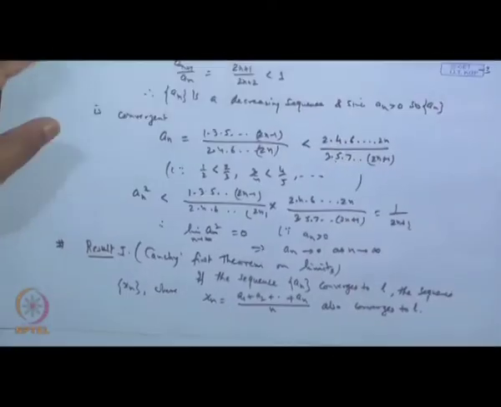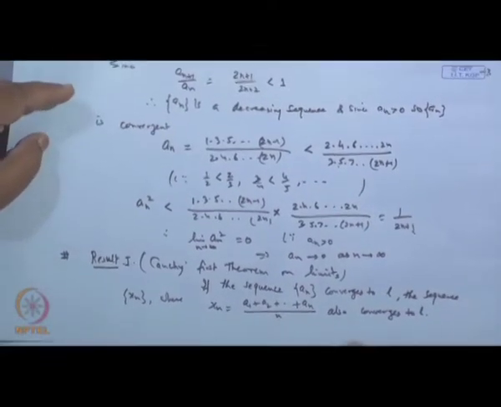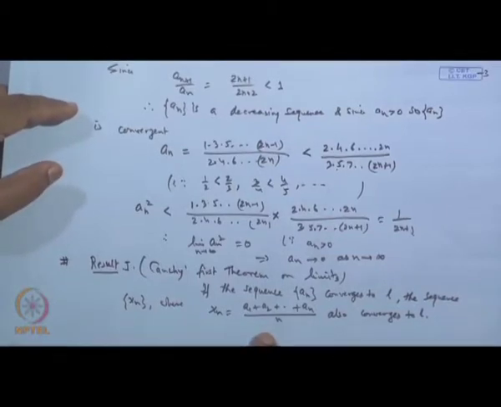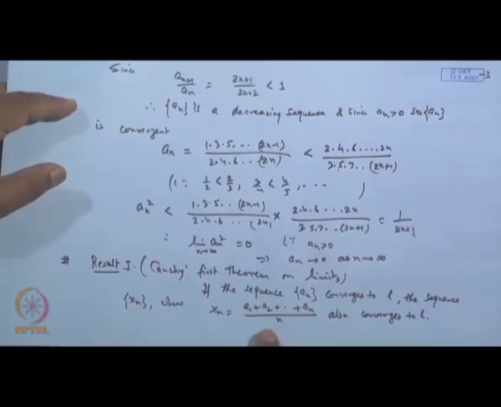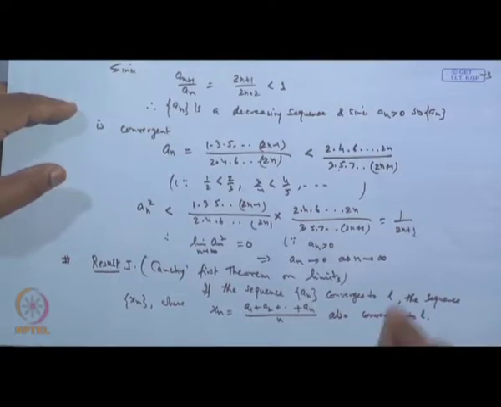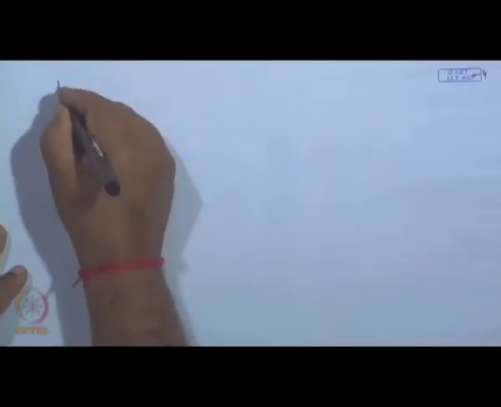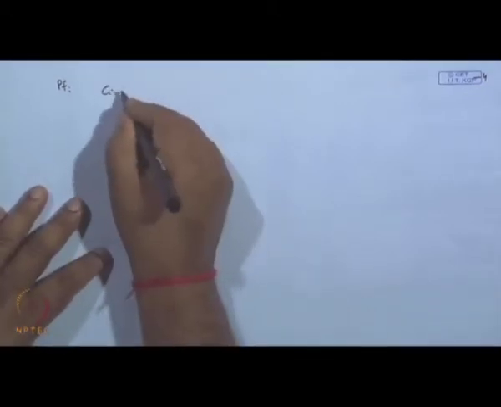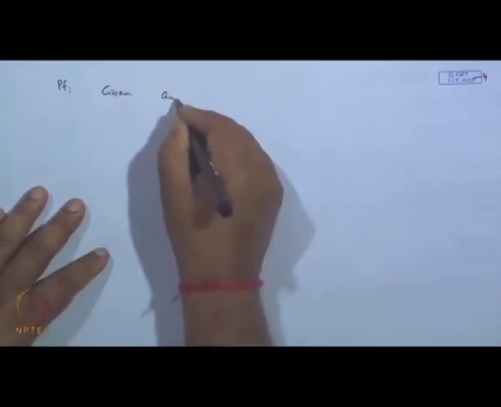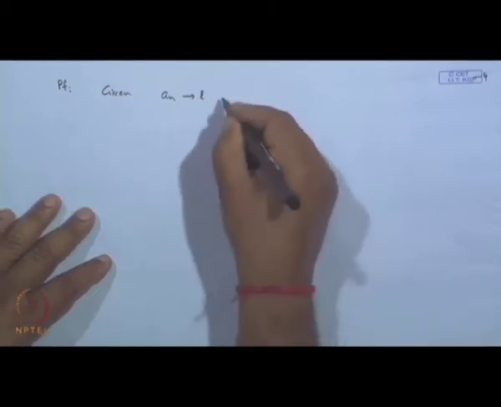So, what it says is, if a n sequence is convergent, then their arithmetic mean will also converge to L. That is the first result. So, let us see the proof of this result. What is given is a n converges to L as n tends to infinity.